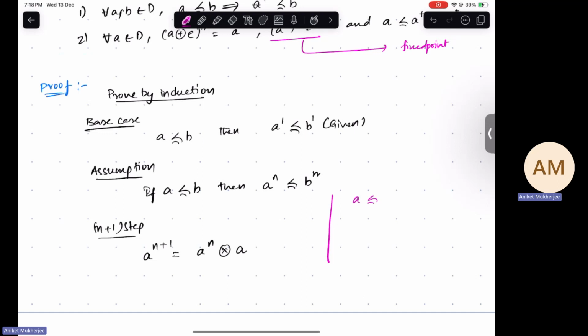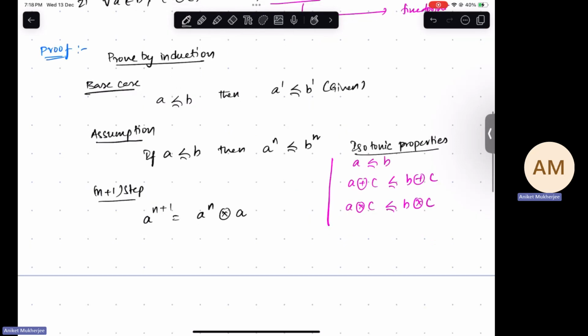That is, if A is dioid order less than B, then A plus C is less than B plus C. Similarly, A into C is less than B into C. So these are the isotone properties for the dioid relation that we had described in the previous classes. We'll use these.